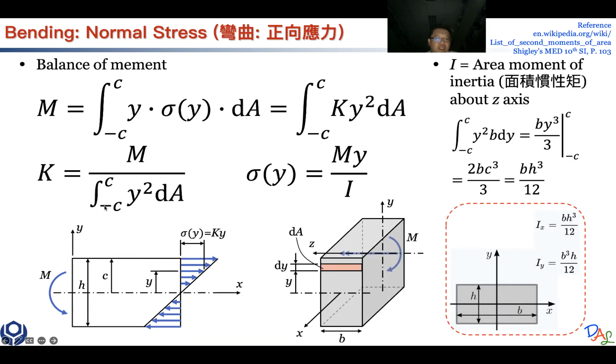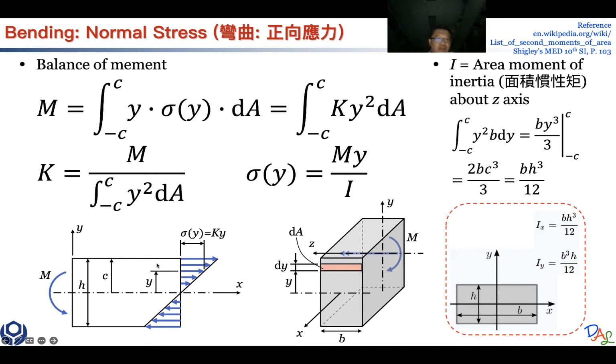So in this half, since we need to follow balance of moment, the left hand side is basically making a counterclockwise moment, and all the stresses on the right hand side cause a clockwise moment, so they should balance each other.